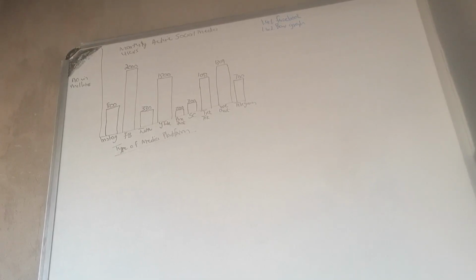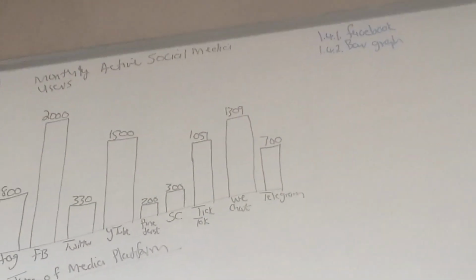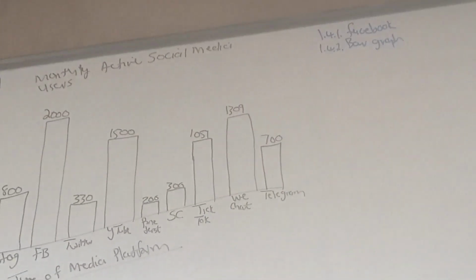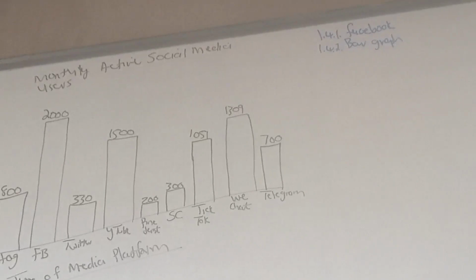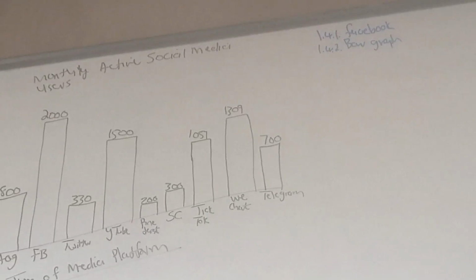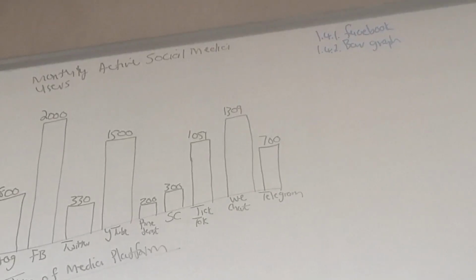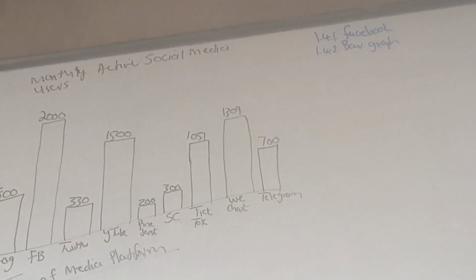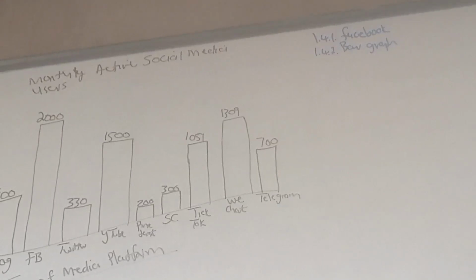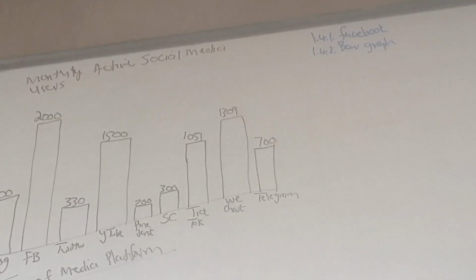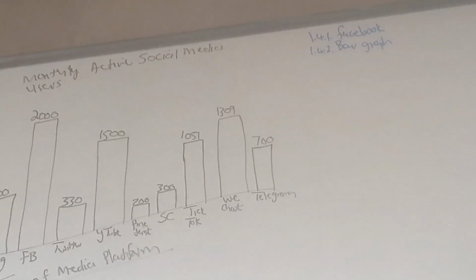Let me try to zoom in so that we may all see clearly here. 1.4.3, they say calculate the difference between the third most popular and the least popular social media platform.